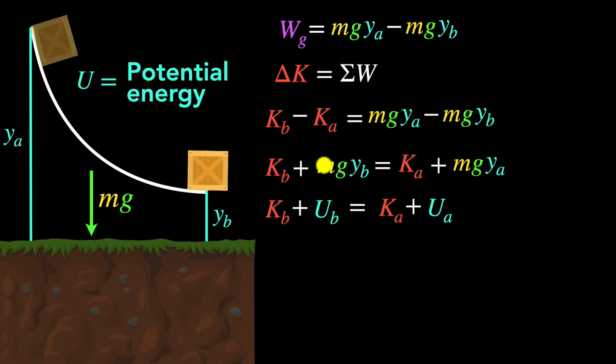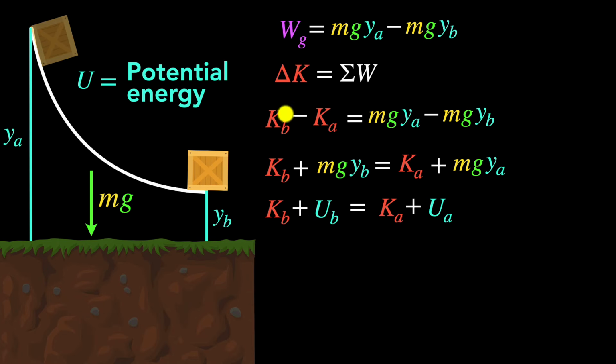Because remember, not only is the mass of the box involved, but g, the acceleration due to gravity due to Earth, is also involved. So it's a number that we assign to a system which depends on the position of the objects within that system, or the configuration of that system. So potential energy is the energy assigned to a system which depends on the position, or you can just say the configuration. That's what potential energy is.